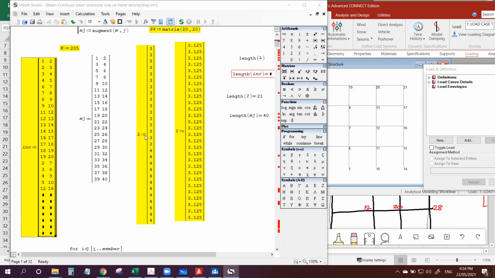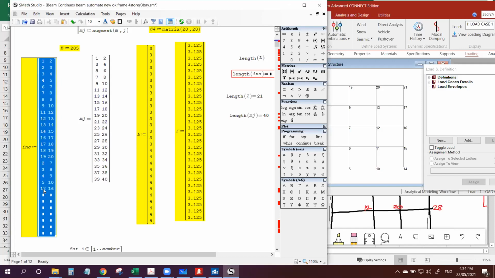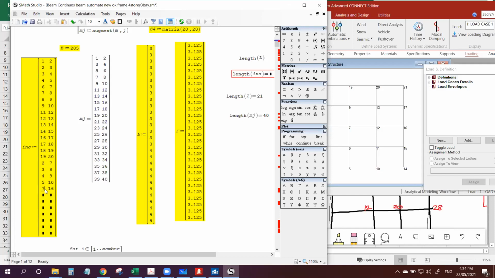Twelve, 16. Sorry. 5, 10. 7, 12. This is 7, 12. 8, 13. 9, 14. 10, 15.